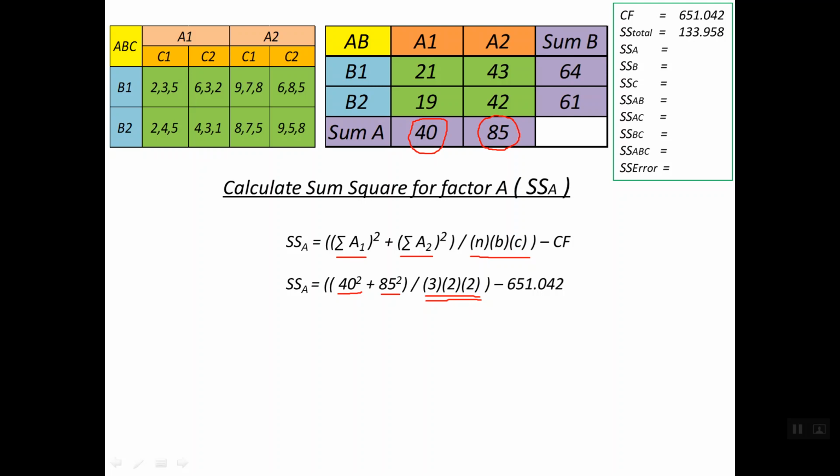They are the same. So let's calculate for A1. If you return back to the main table here, A1 represents all of these data.